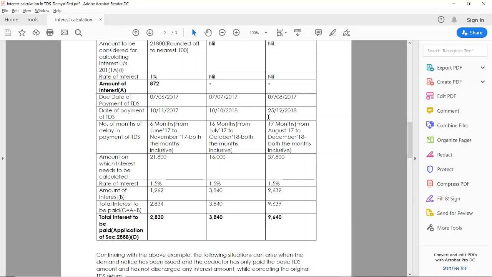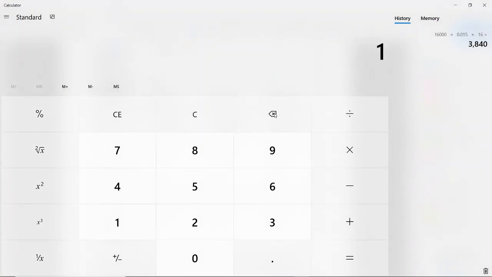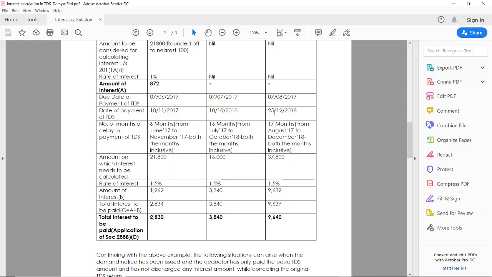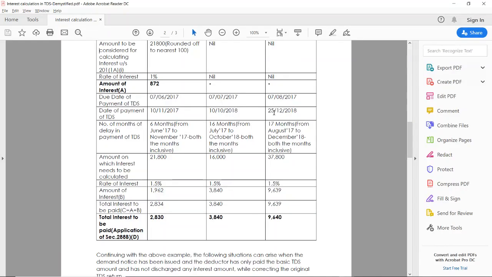So from August 17 to July 18 will be 12 months, plus August, September, October, November, December, which means another 5 months will have to be added. Total number of months of default is 17 months. So 17 months of default has happened and the rate of interest will be at 1.5%.